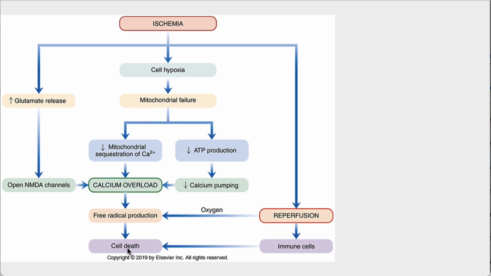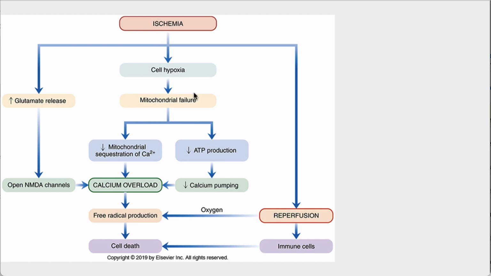And the first thing that happens in cellular death is the sodium-potassium pump fails. When that happens, the cell swells and bursts, and then the necrosis process takes over. There's some other things that can happen in ischemia, though, too.